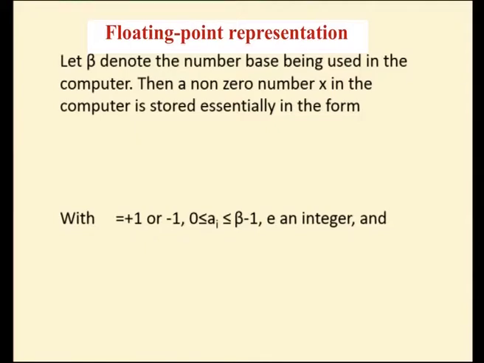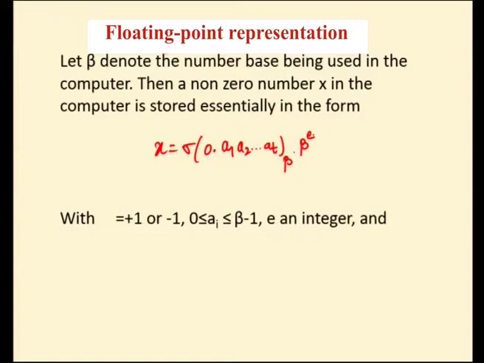Again, consider the floating point representation. To be more elaborate, let us discuss this. Let beta denote the number base; there we have used b, here beta is used in the computer. Then a non-zero number x in the computer is stored essentially in the form x = sigma times 0.a1 a2 up to at, in base beta, times beta to the power e.